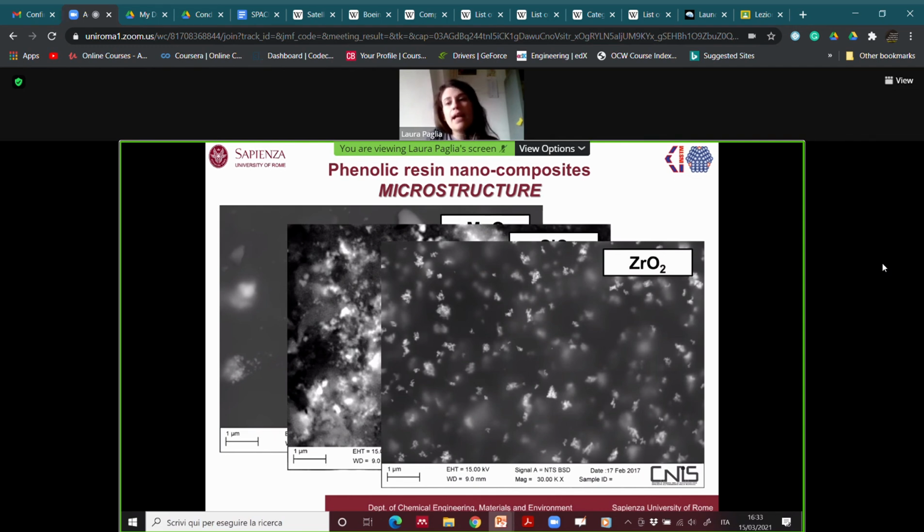Zirconia has more affinity with the phenolic resin and the solvent that we use with the phenolic resin, and also for this reason it could give the best results, even if the distribution of the zirconia could be improved more. Okay.